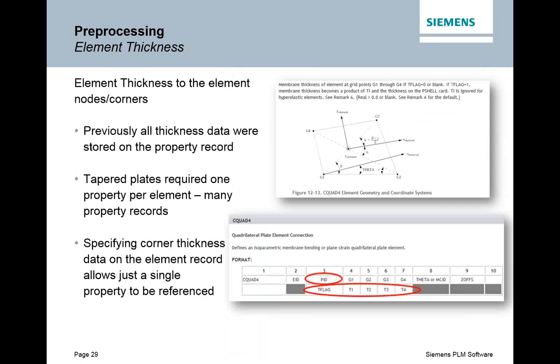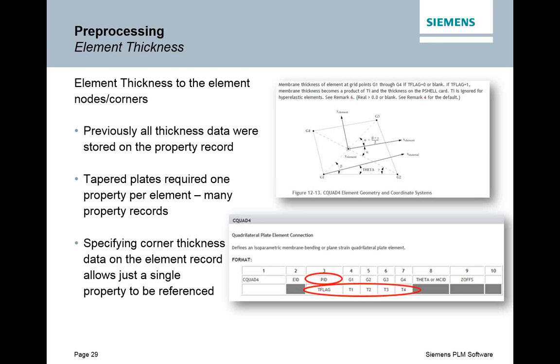So, element thickness. Previously, all this thickness data was stored on the property record. So if you had a tapered shell element, what you would come up with in Femap would be a lot of different properties. So they've eliminated that, and now you're able to store the thickness at each corner of a two-dimensional shell element actually on the element card itself.